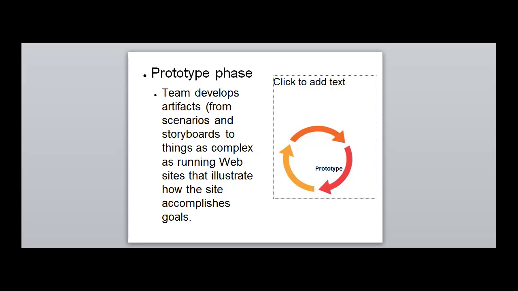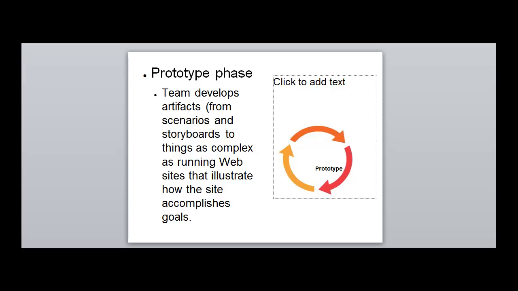In the prototype stage, your team develops artifacts. These could be scenarios, storyboards, simple things on paper, up to things as complex as running a website that shows how the website is actually going to accomplish the goal that was set.